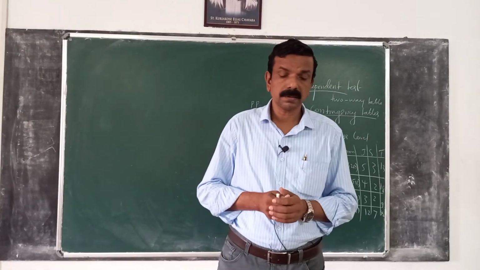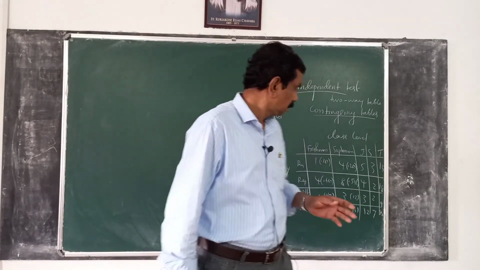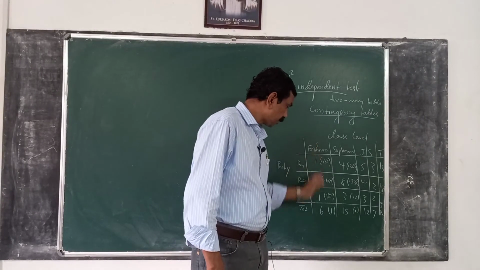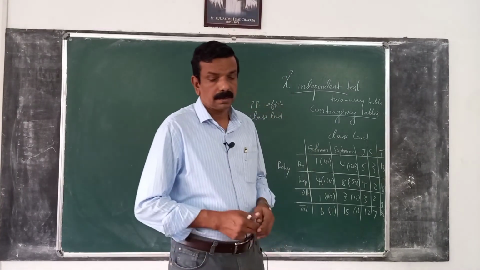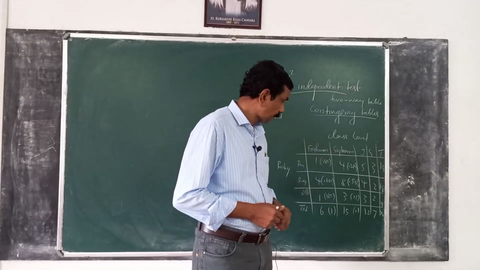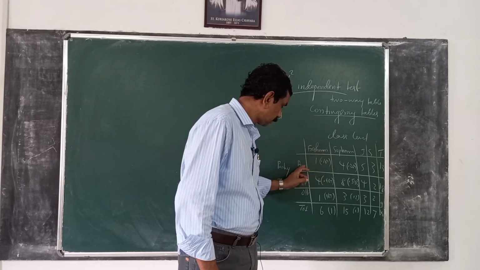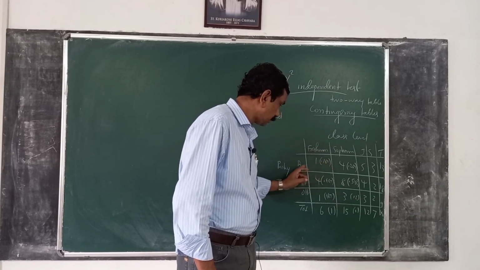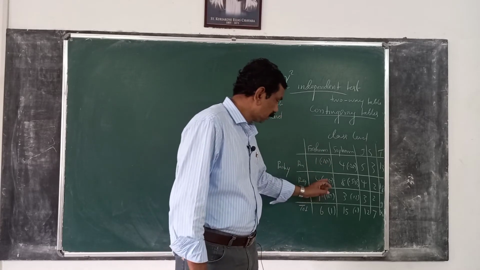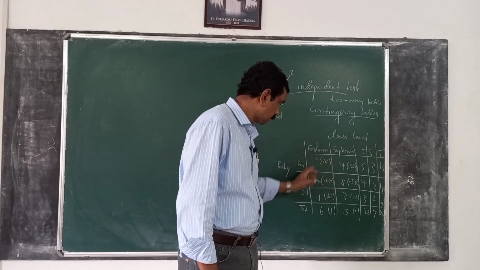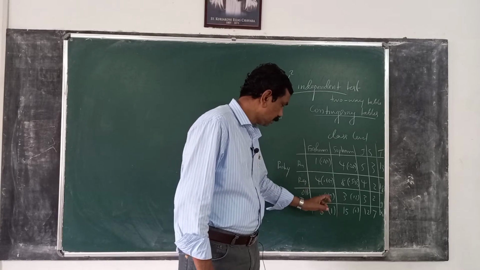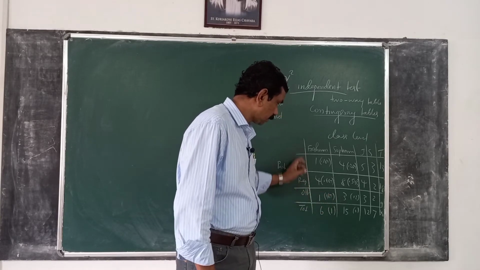Now consider the first column. The first column is for freshmen and party affiliation. 16.7% of freshmen support Democrats, 66.7% Republicans, 16.7% others.